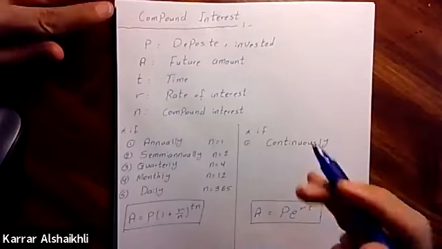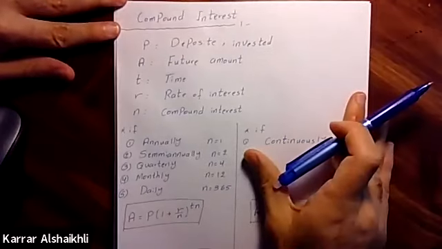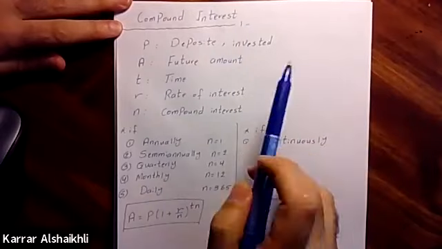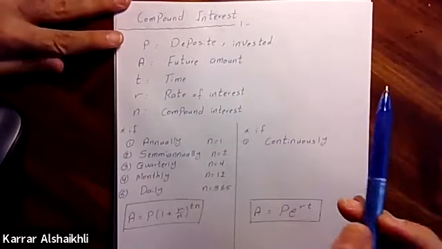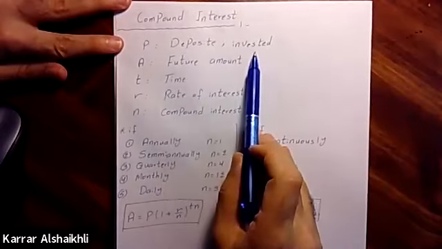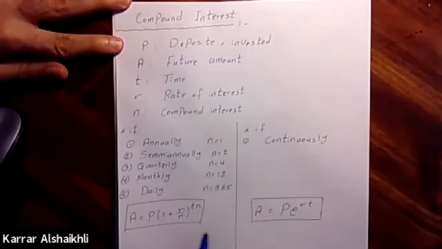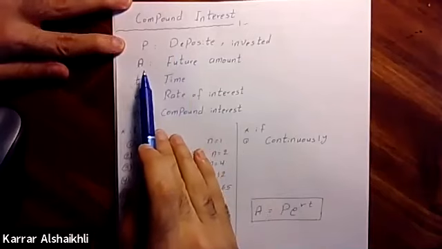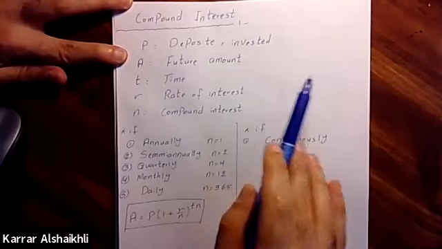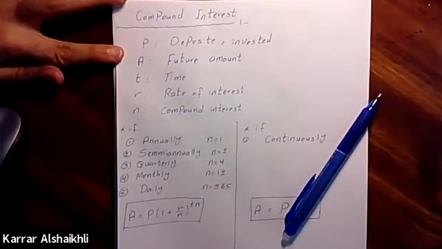So here is the thing with the compound interest. If they're telling you deposit or invested, that means this is P with these two formulas. A is the future amount, that means how much is going to be in the future.